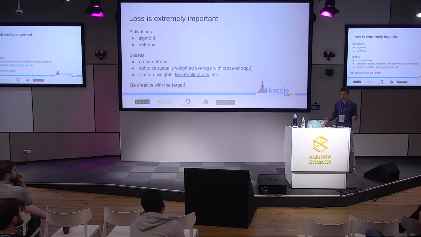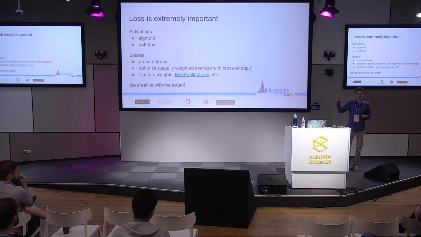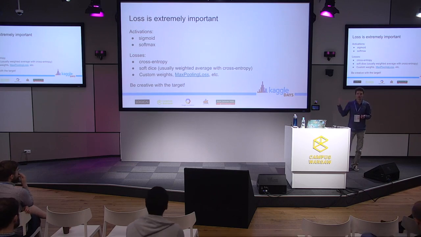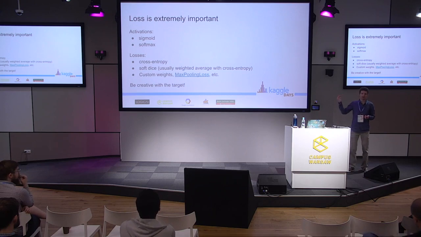So first, at the end of the network, you have an activation, and if you are just predicting the class, there are two choices, sigmoid or softmax. Softmax is used if you have just one of several classes, and sigmoid is used when you have a binary classification task, or if the classes are not mutually exclusive. But actually, you can also use sigmoid even if you have multiple classes.